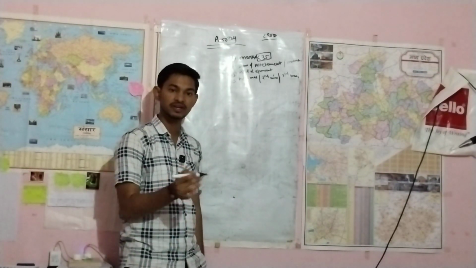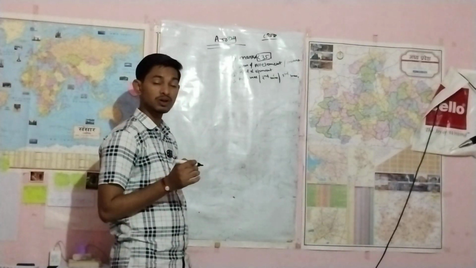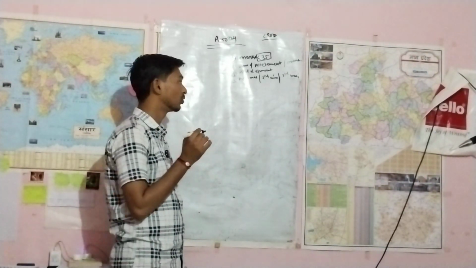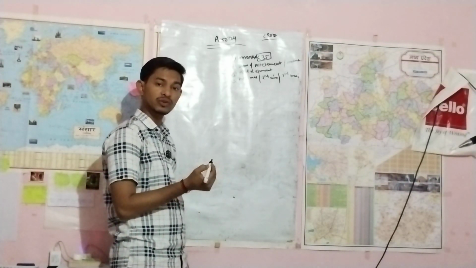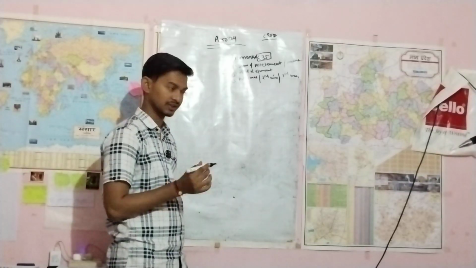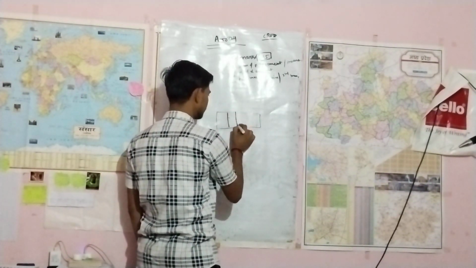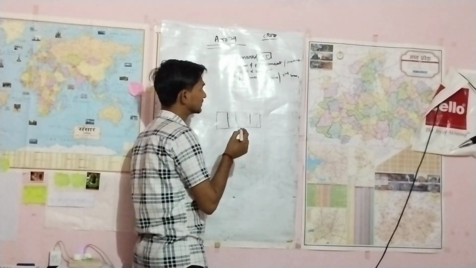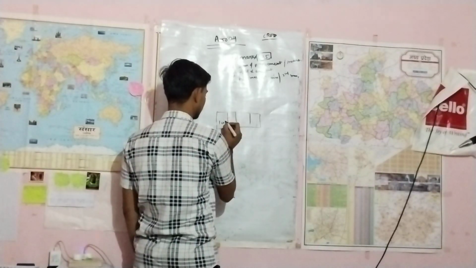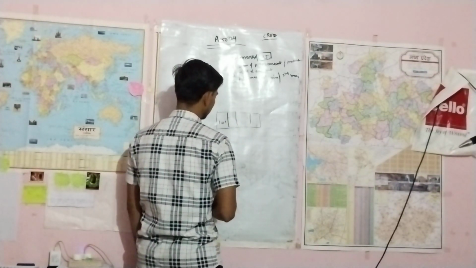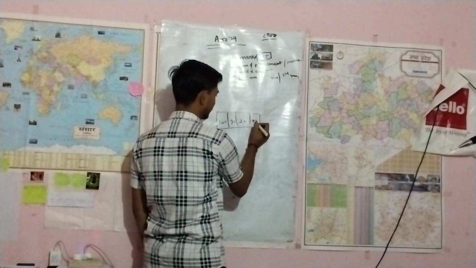Then you have to tell the roll numbers of those students who have scored marks less than 35, and the roll number is the index.